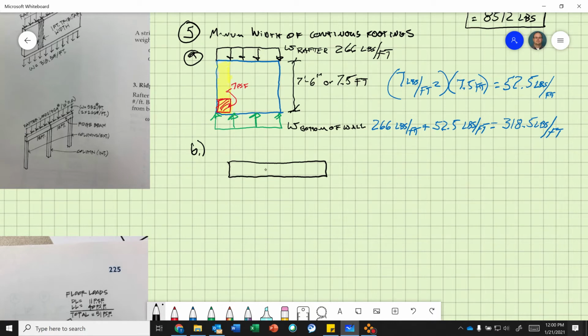Okay, so this is a joist. So we have a reaction here, and that is our wall. And then we have a reaction here. Looking at this diagram, we have a floor beam.